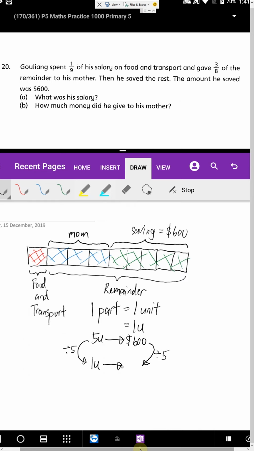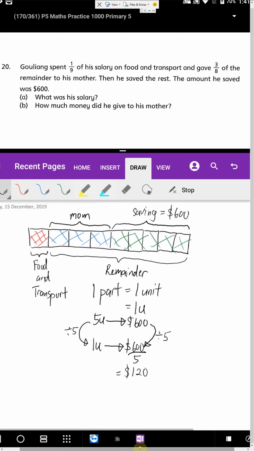Then what do you get here? You should take 600 divided by 5. And what do you get? That is $120. Okay. Now from here, I can find out the amount of money represented by 9 units. From 1 to 9, how can we do that?